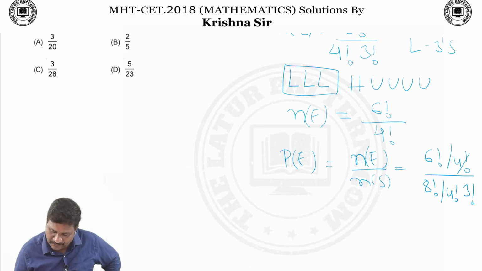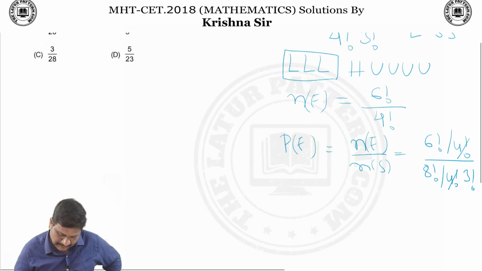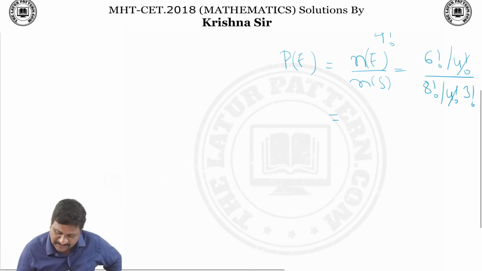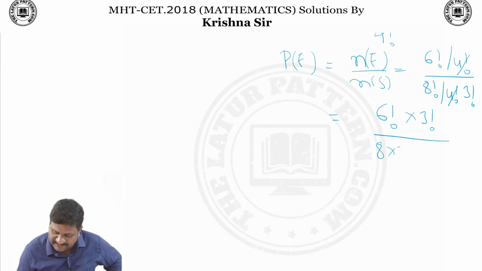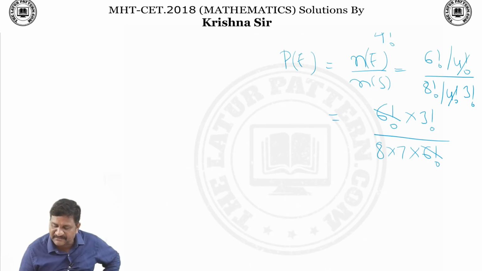Now 4 factorial gets cancelled. 6 factorial stays, the 3 factorial comes to the numerator, and 8 factorial we take as 8 into 7 into 6 factorial, so both 6 factorials get cancelled.